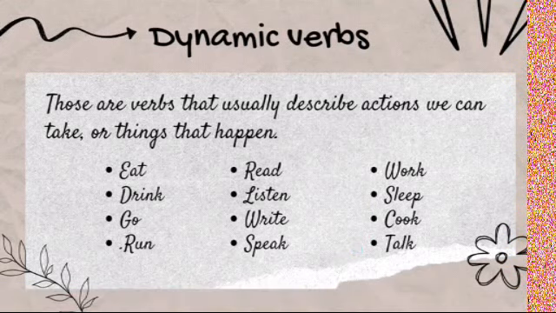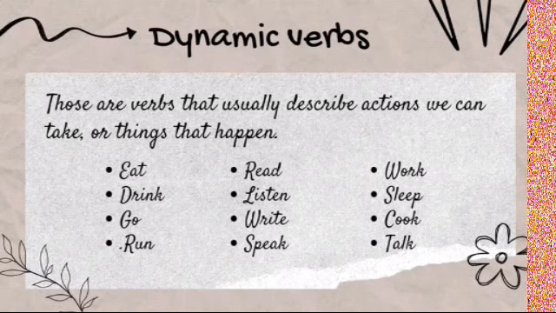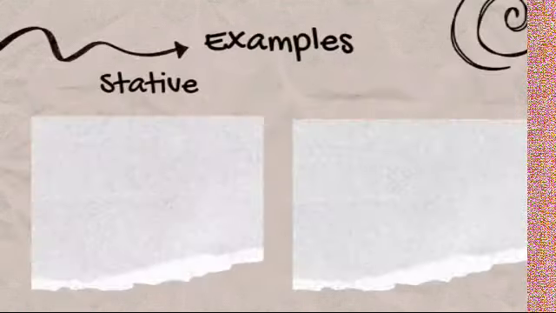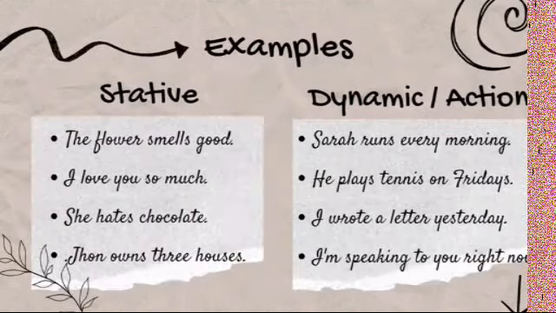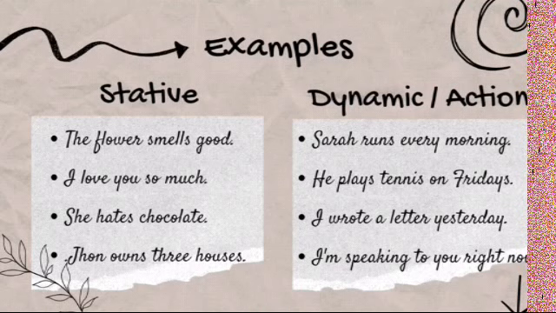Those are actions that we can take, we can do. Now let's see some examples of stative and dynamic or action verbs.